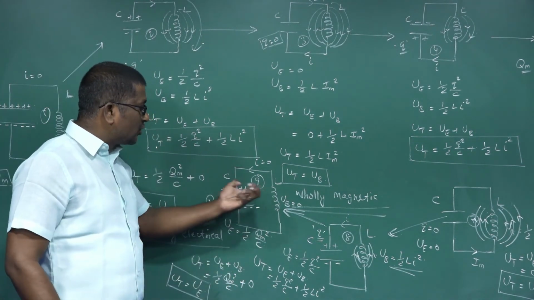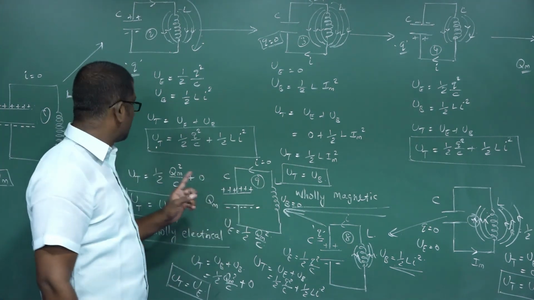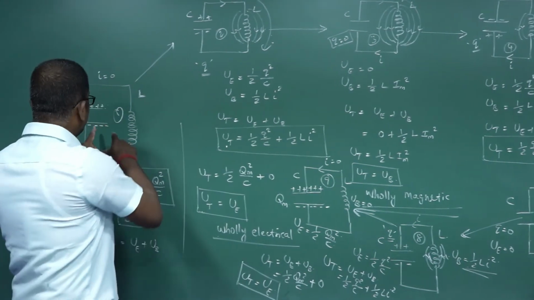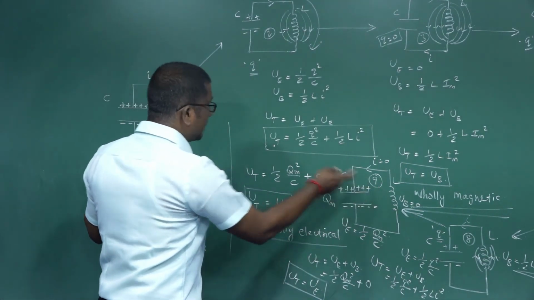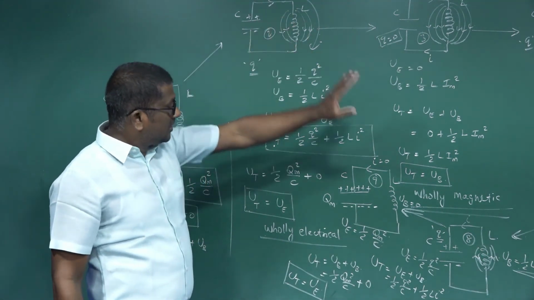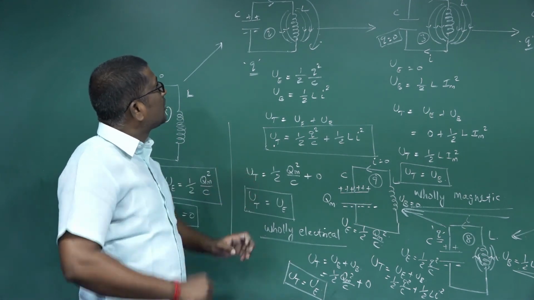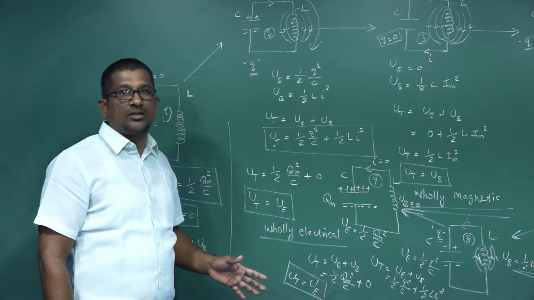That is, the circuit comes to its initial state. So see the initial state of the circuit and the final state. The final state of the LC circuit is the same as the initial state. In all the 9 states, calculating the total energy of the LC circuit, that value is always constant.